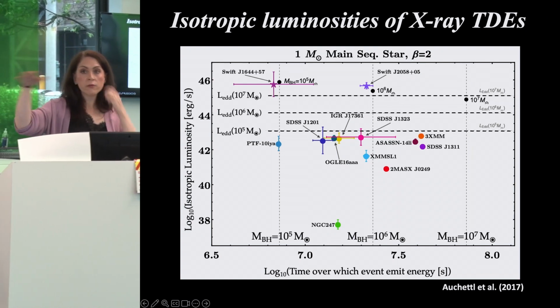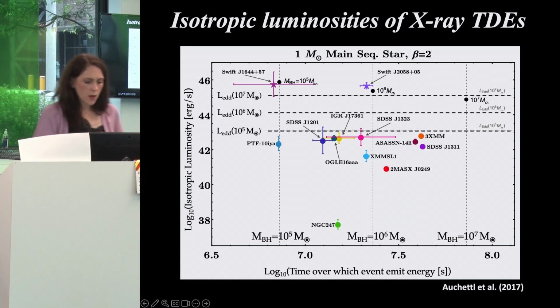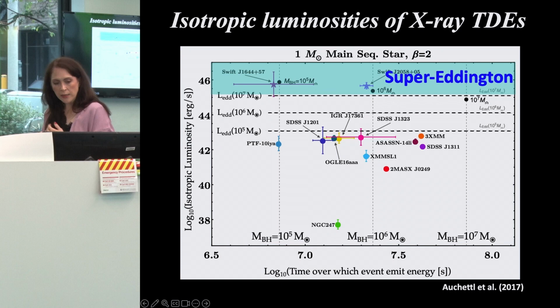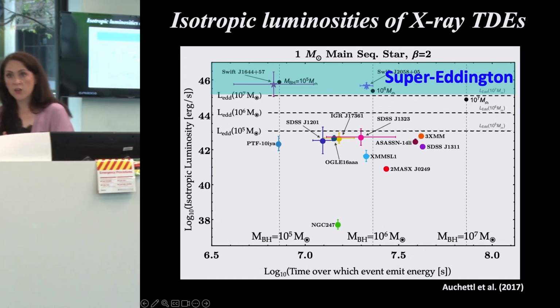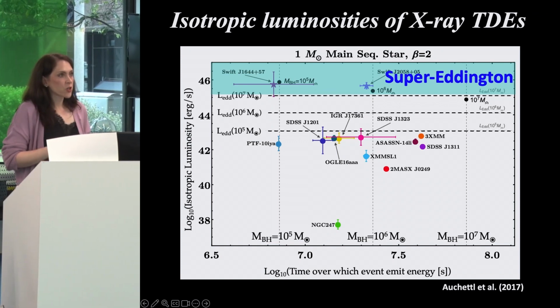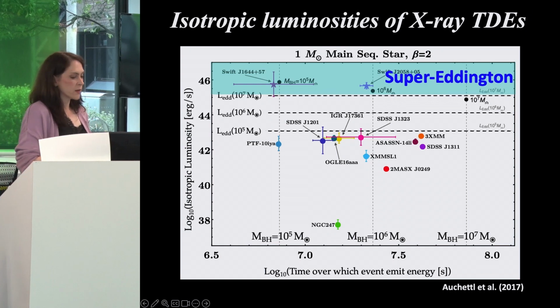What I've listed here as horizontal lines is this Eddington luminosity for different masses. When we look at the sample of events, we find sources that are super-Eddington events, so they're violating the limit that we expect, because they have luminosities greater than what you expect when you assume an Eddington limit.